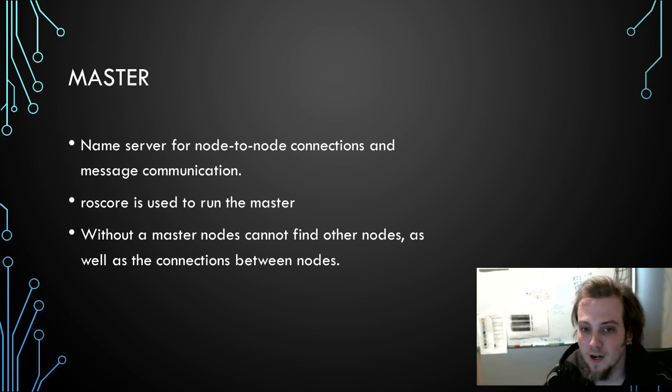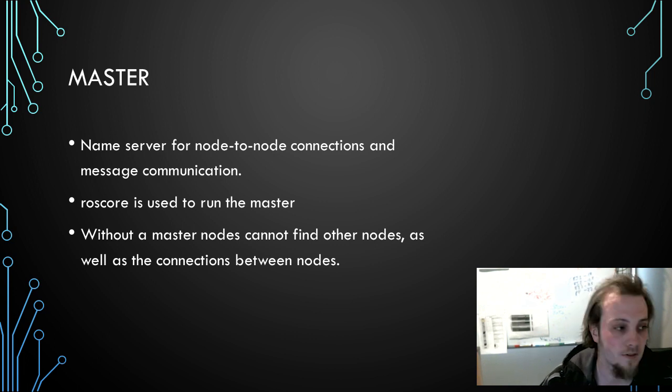Now, this might be strange to not have this constant connectivity maintained, but it means that ROS can be used in very large and complex environments, so it's only connected to when it's needed. Now, to run the master, the command roscore is used, and we'll look at that when we do some examples in one of the future lectures.